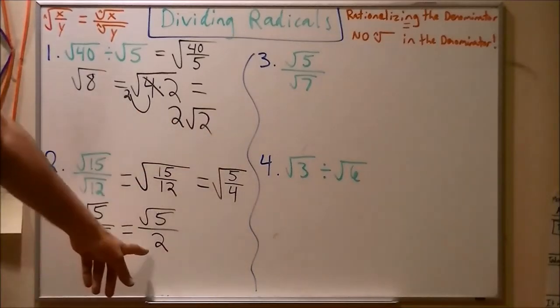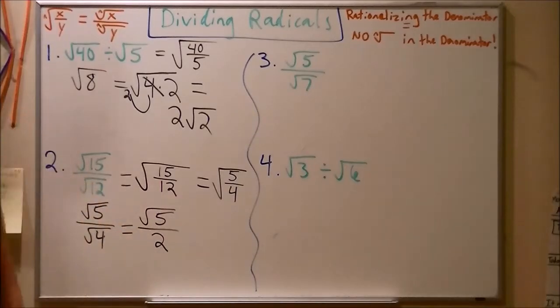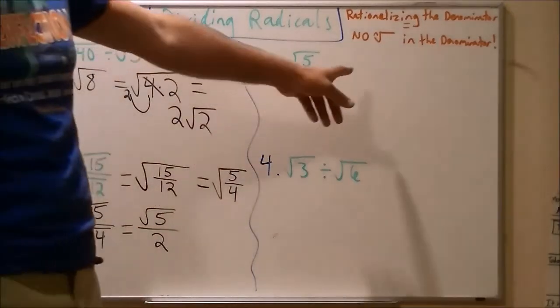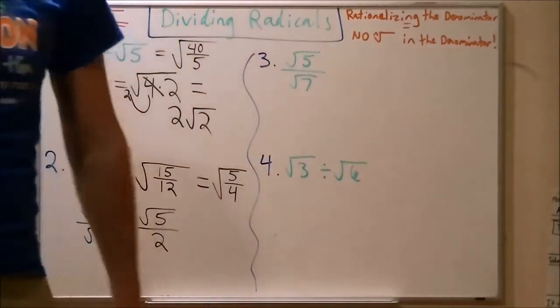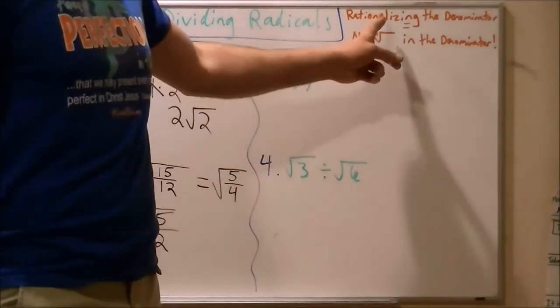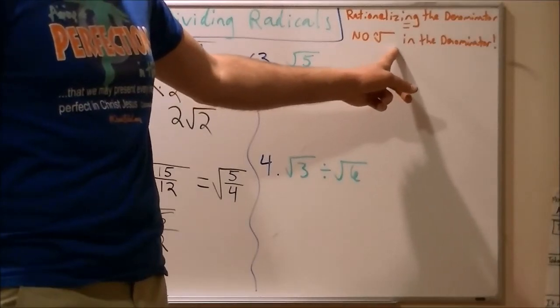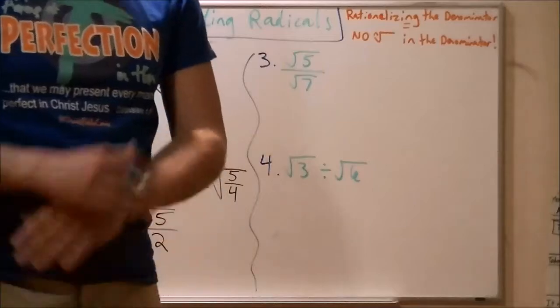Now, this is going to be an important concept, making sure that I have no square root or no cubed root or no nth root in the denominator. Here's why. If I'm dealing with rational numbers and it's fully in simplified form, I cannot have any root symbol with a term in the denominator.